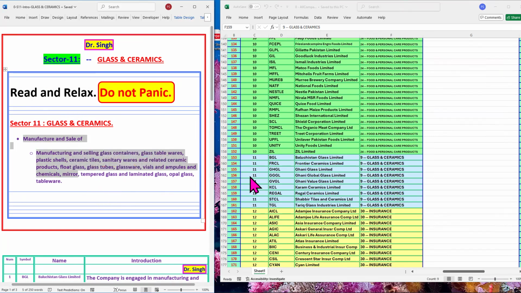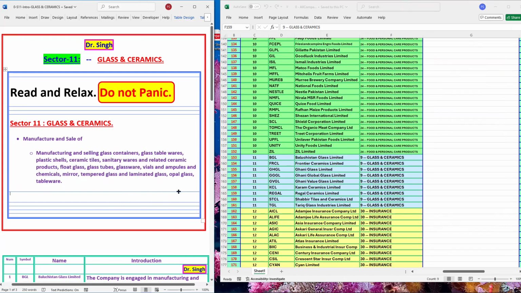And the 9 companies that you see on the right-hand side, watch the mouse, deal with, right over here, I'm reading again, manufacturing and selling glass containers, glass tableware, plastic shells, ceramic tiles, sanitary ware, related ceramic products, float glass, glass tubes, glassware, wheels and impulses and chemicals, mirrors, tempered glass, laminated glass, and opal glass and tableware. Do you have to understand all of them thoroughly?